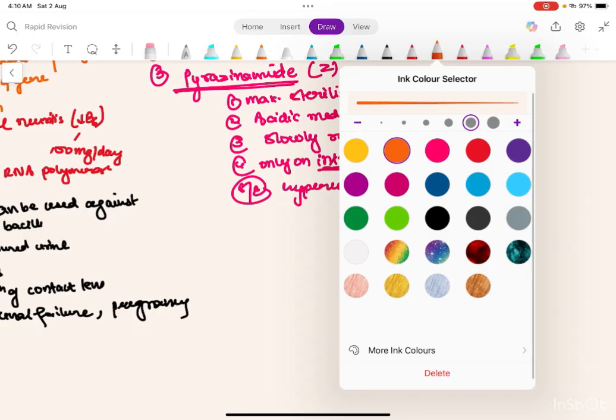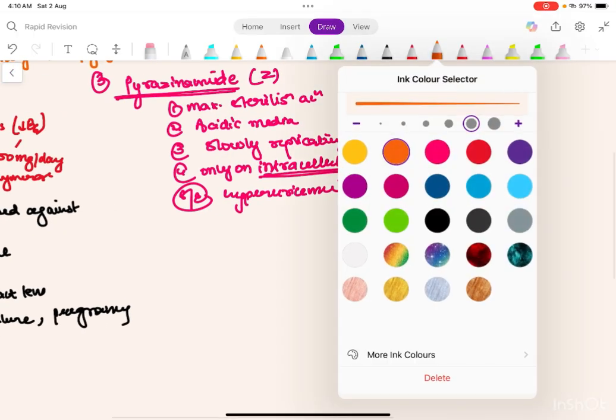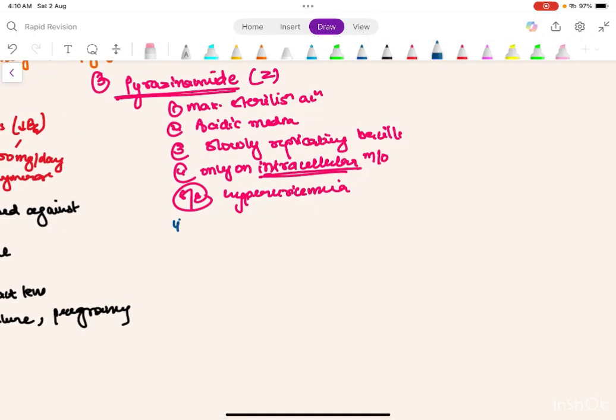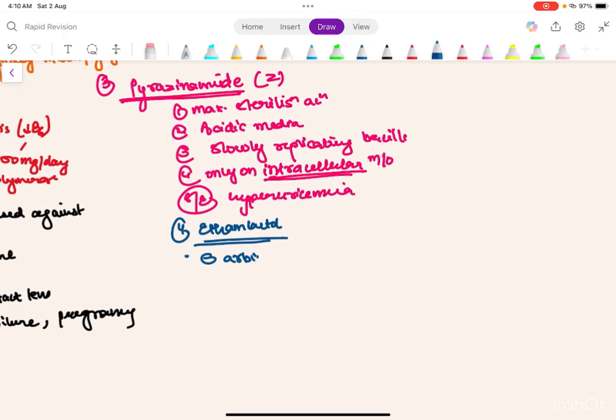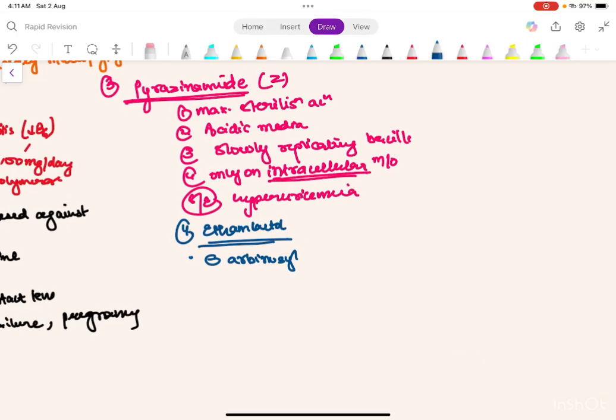Now let's get to the fourth drug of HRZE, ethambutol. Ethambutol basically inhibits arabinosyl transferase and synthetase. Here it is the only bacteriostatic; the rest are all bactericidal.